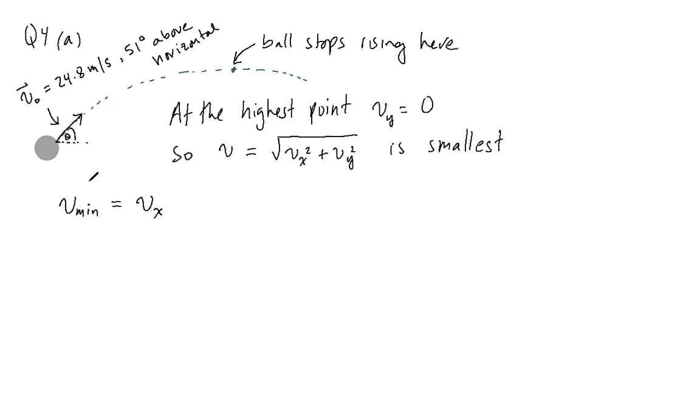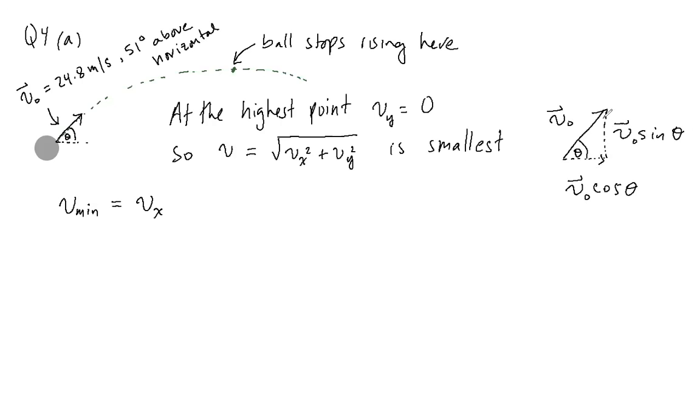Okay, so there's our initial. If you just want the horizontal component of this, you simply have to multiply it by the cosine of the angle that it makes with respect to the horizontal, right? If you recall, there's our V0. This one here is going to be V0 times the cosine of theta, and this is going to be V0 times the sine of theta, right?